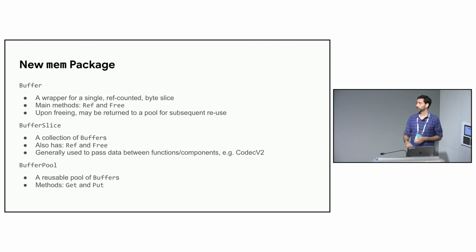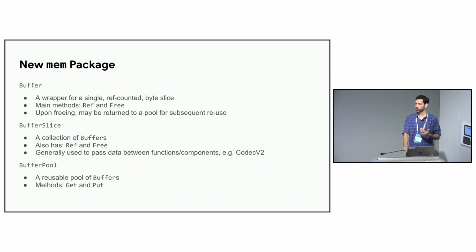The next one is a buffer slice, which is basically a slice of buffers or a collection of buffers. Because gRPC deals with a lot of chunk data, buffer slices make a lot of sense. And this is basically the type that is passed around between components. And last but not the least is the buffer pool.